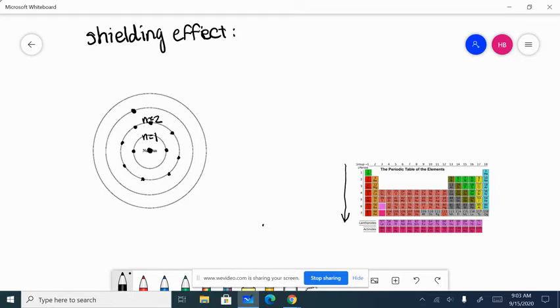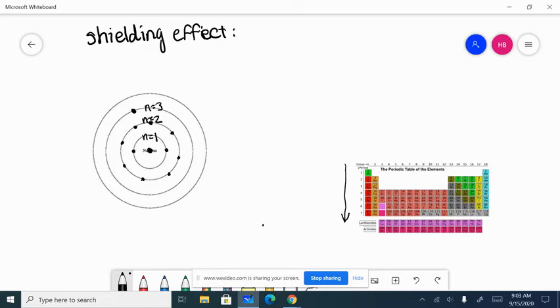The pull of the protons on this valence electron is shielded by the full electron shells 1 and 2. Therefore, he pulls on them with less force, and it is easier to pull that electron away from him. It is also responsible for the fact that sodium is larger than lithium or hydrogen.